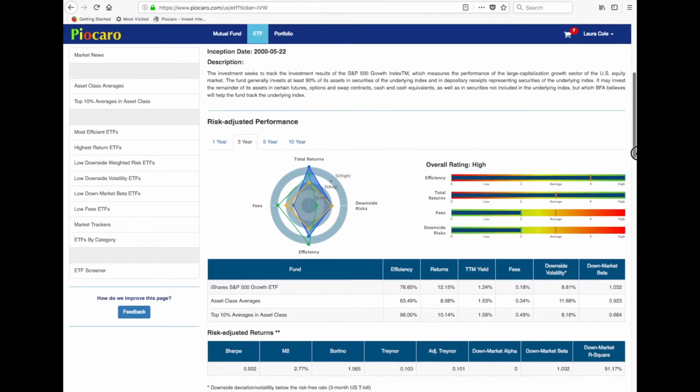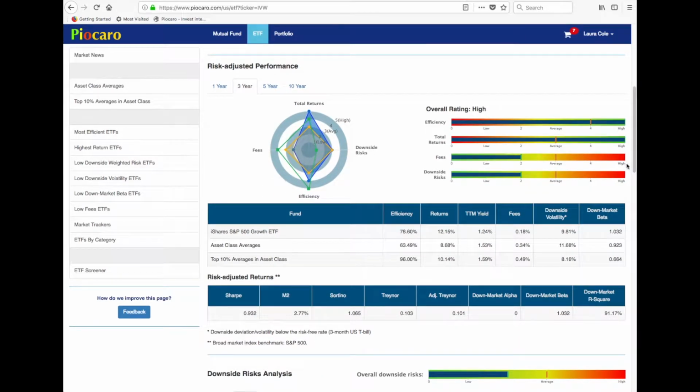Next, let's look at the risk-adjusted performance. You might be familiar with John Bogle, founder of the Vanguard Group, and his concept of the eternal triangle of investing: risk, return, and cost or fee.